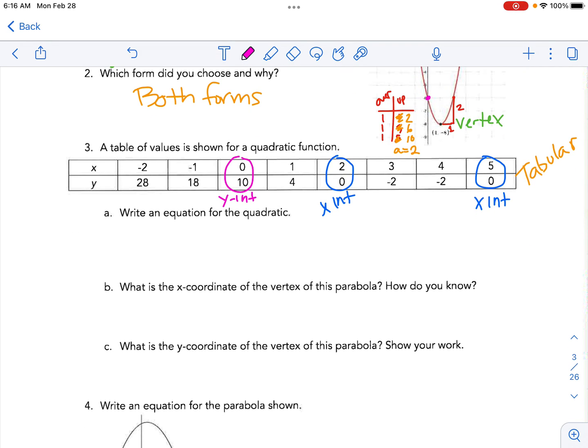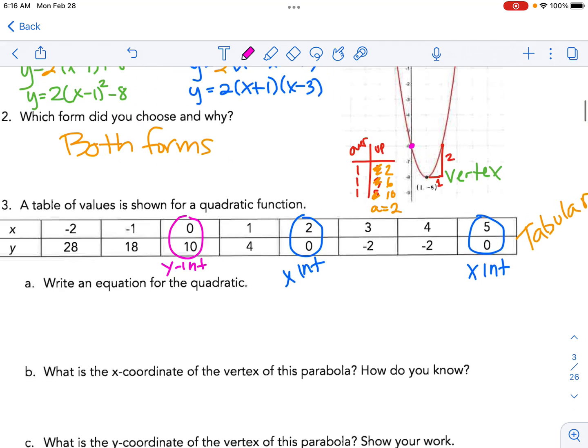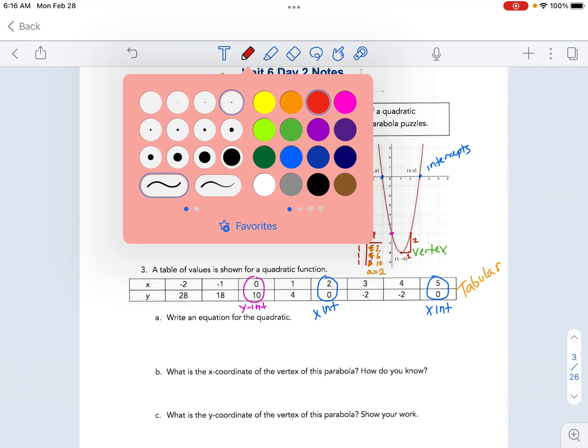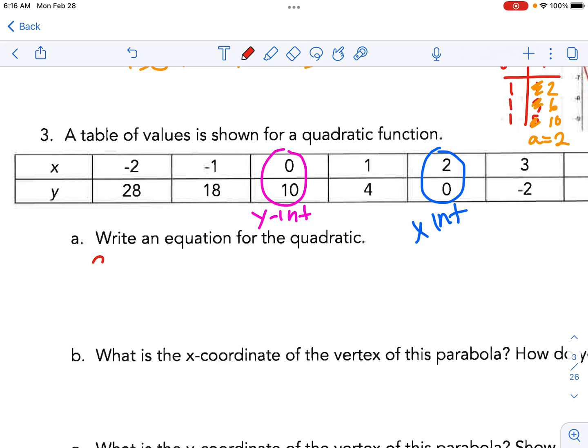Okay, it says write an equation for the quadratic formed by the table above. And we're back to having the same problem of what is the value for a. That's the problem, because we can't write the equation without knowing the value for a.